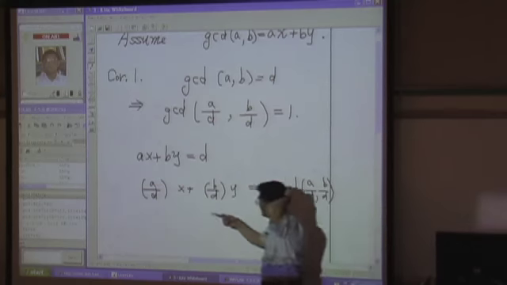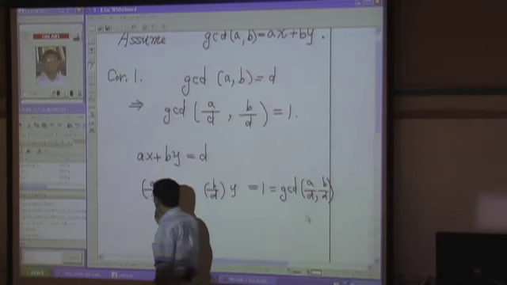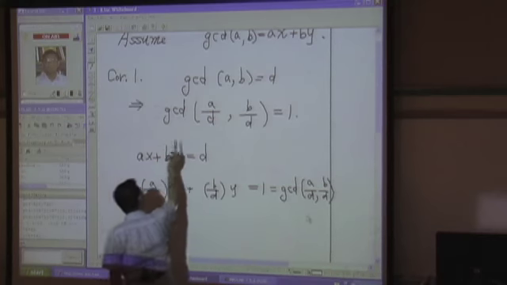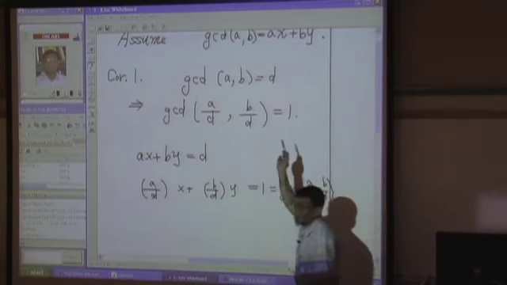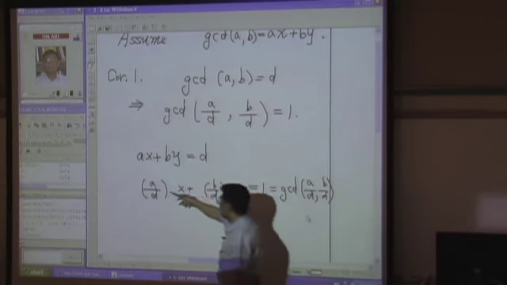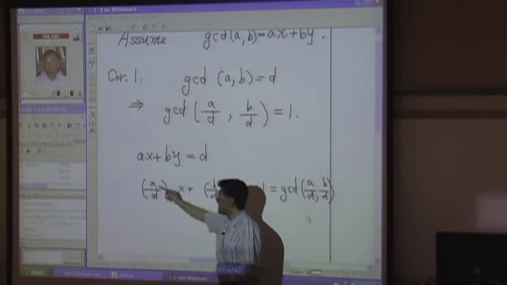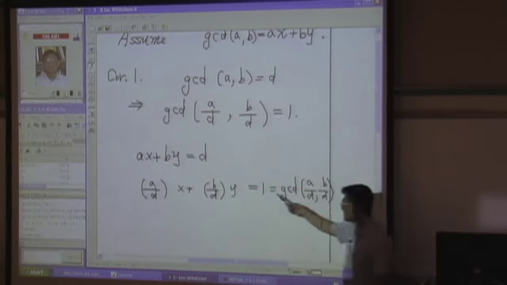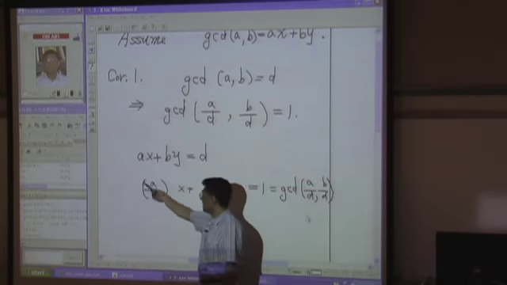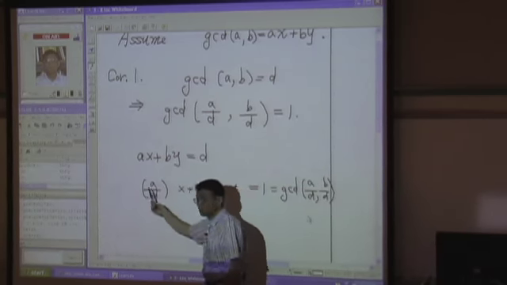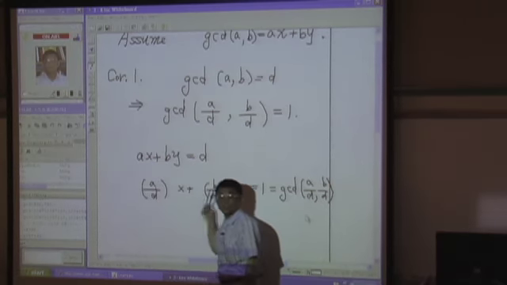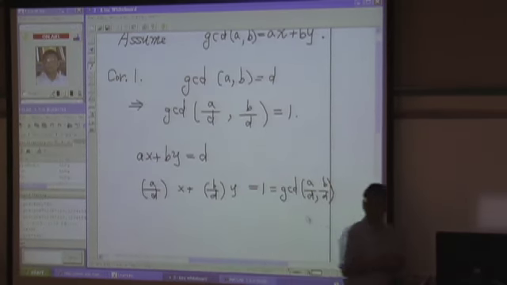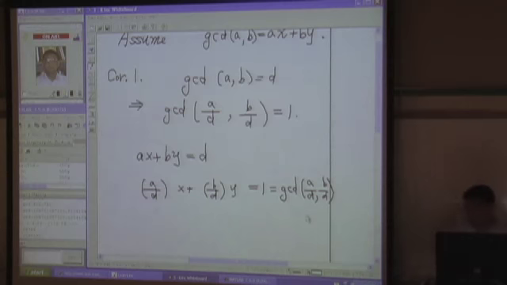And you may describe details. Why does D divide A? Because D is the GCD, D divides both A and B, meaning these are integers. So there is no problem. And this is the mathematical expression of the GCD of the two integers. Done. Any questions?